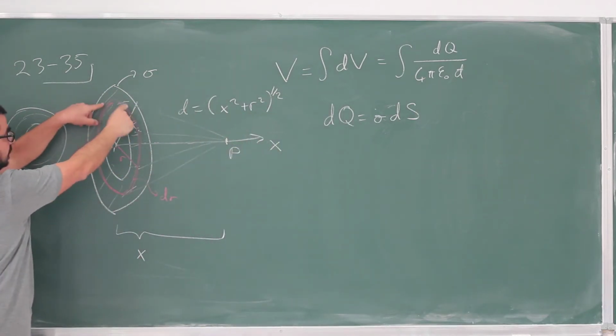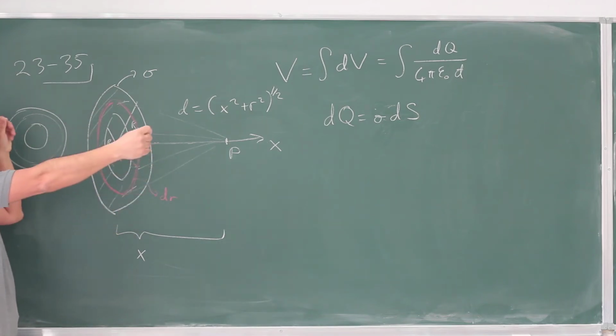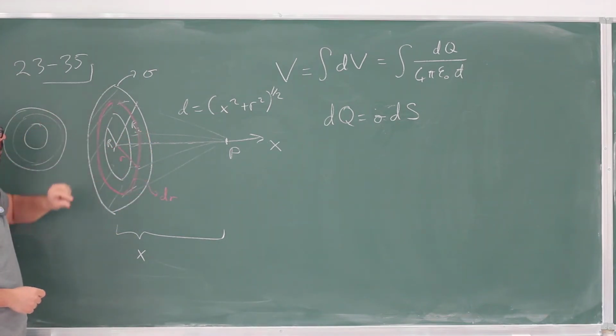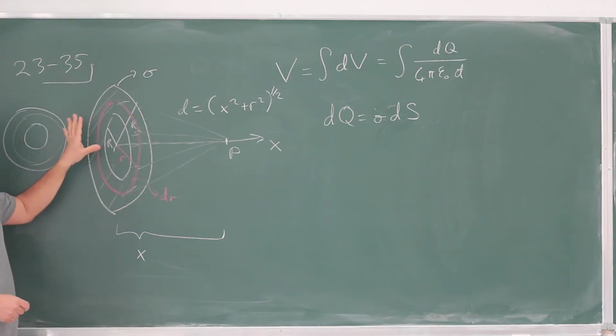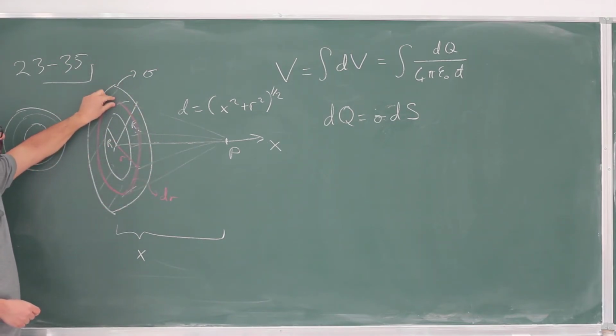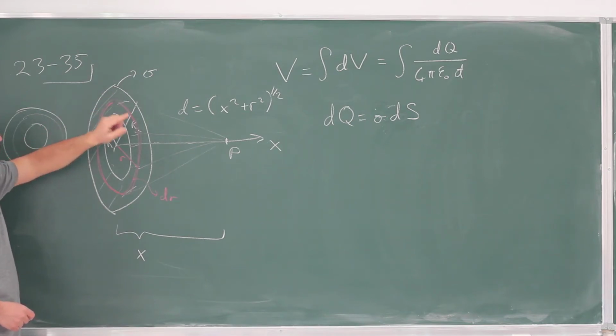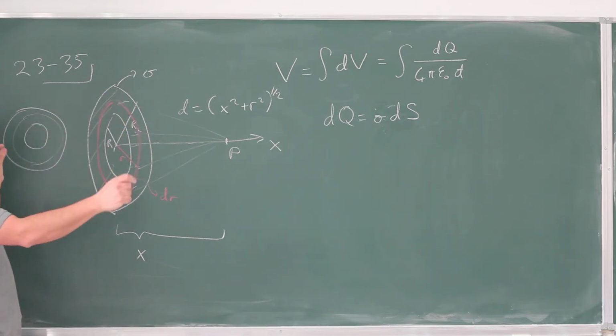And how do I find that infinitesimal area? Well, this is like a strip, and because it's of infinitesimal thickness, I can open this up. If it was finite thickness, like the whole ring here, I wouldn't be able to do that without tearing it up. But for an infinitesimal ring, the surface area is just height times length.